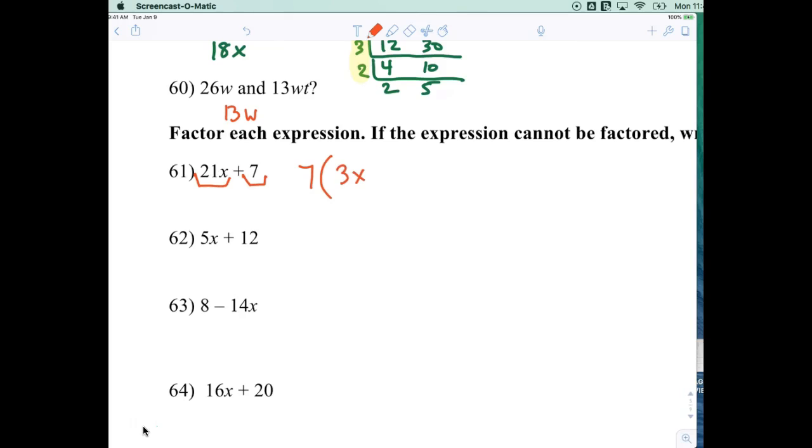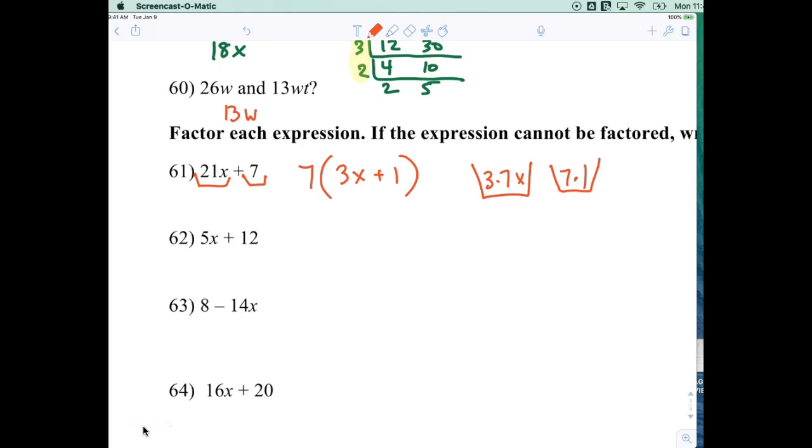What's left in the second bucket? Plus 1. 3x plus 1. Now, again, just to make sure, in this bucket over here, it's 3 times 7 times x. In this bucket over here, it's 7 times 1. I need you to realize that. You're pulling out what's common in each bucket.